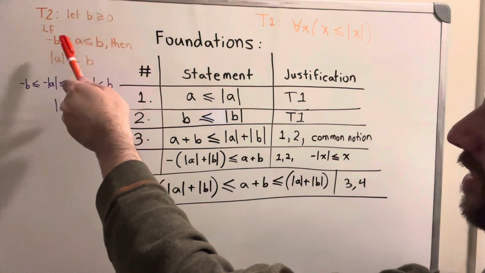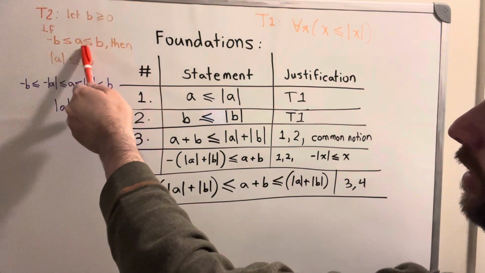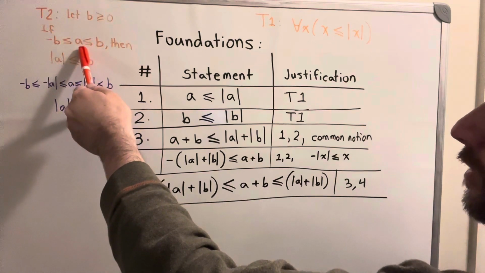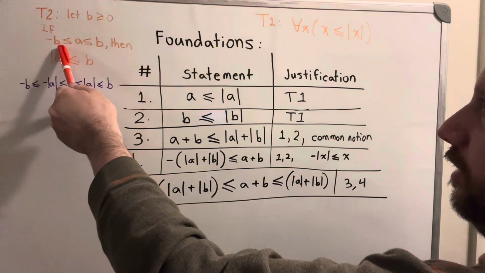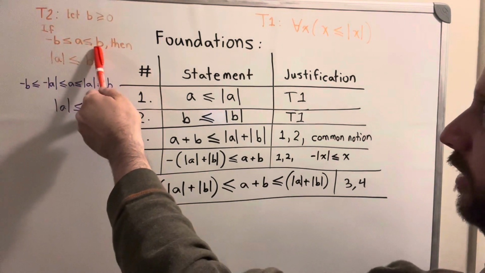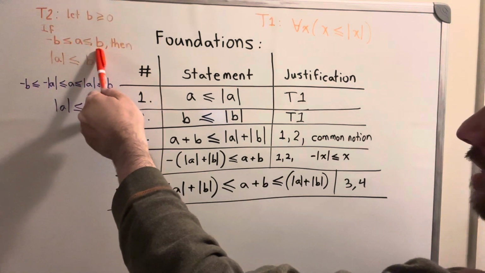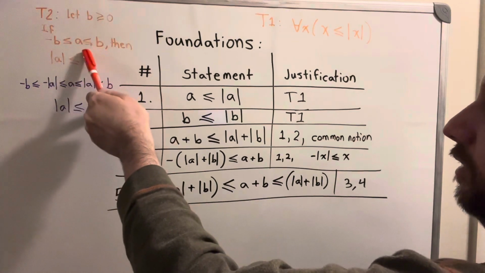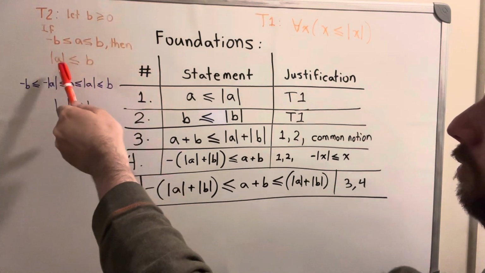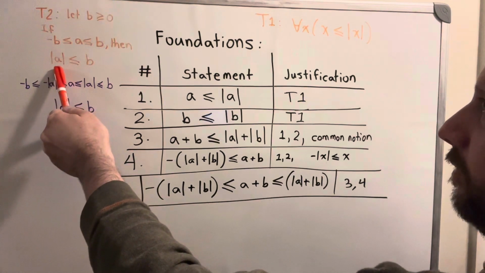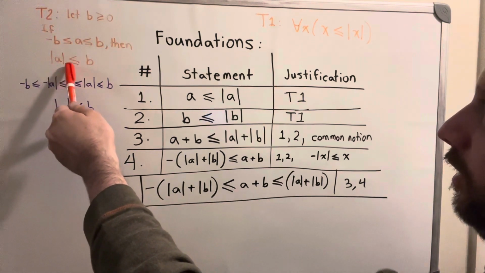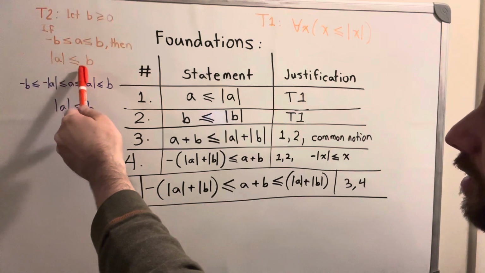What we want to say is if some value A is greater than or equal to minus B and less than or equal to B, then we want to show that the absolute value of A is less than or equal to B.